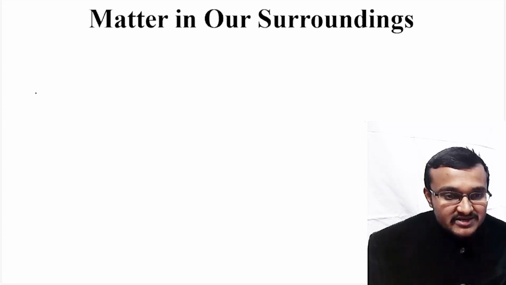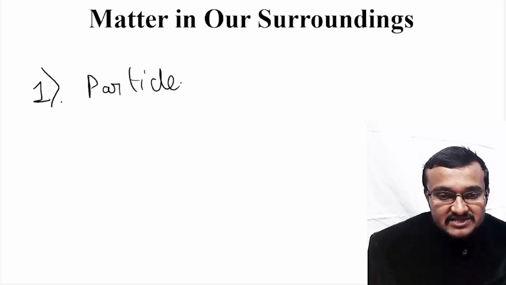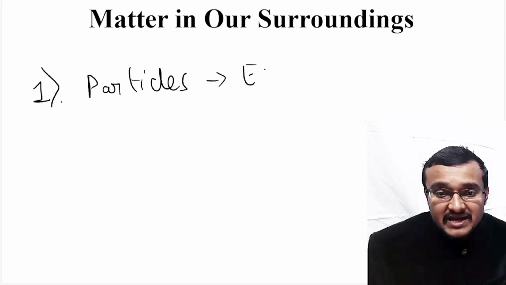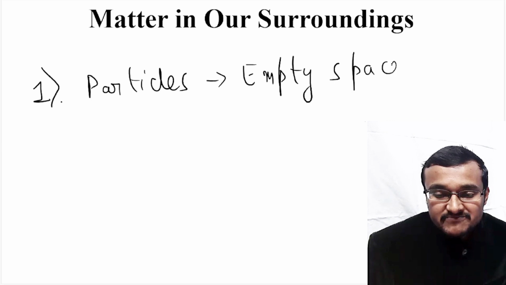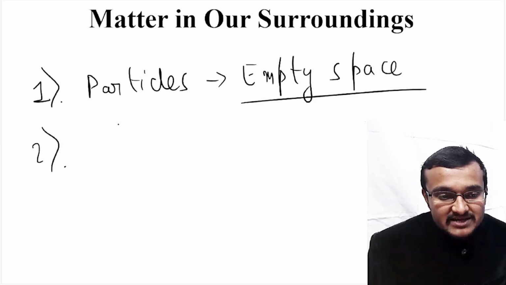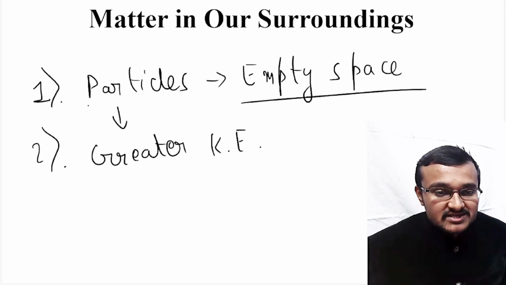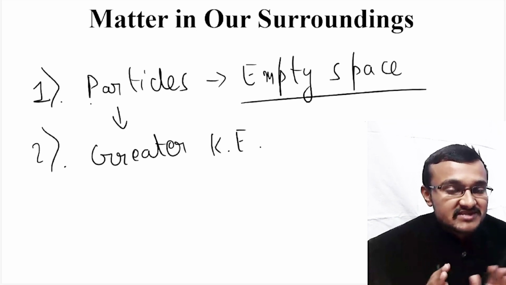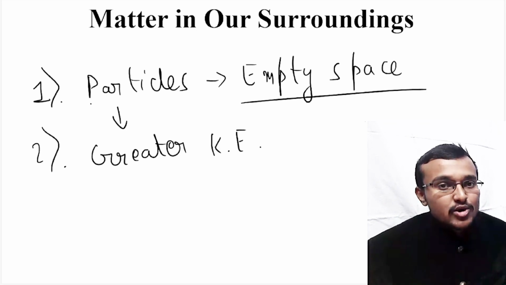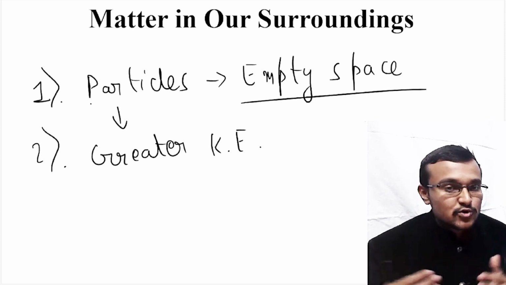Coming to the properties of liquids, these particles have a lot of empty space in between compared to solid objects, and they also have greater kinetic energy compared to solids because of the empty spaces in between. Hence they can possess more kinetic energy and randomly move throughout the matter. So that's why they don't have a proper shape.